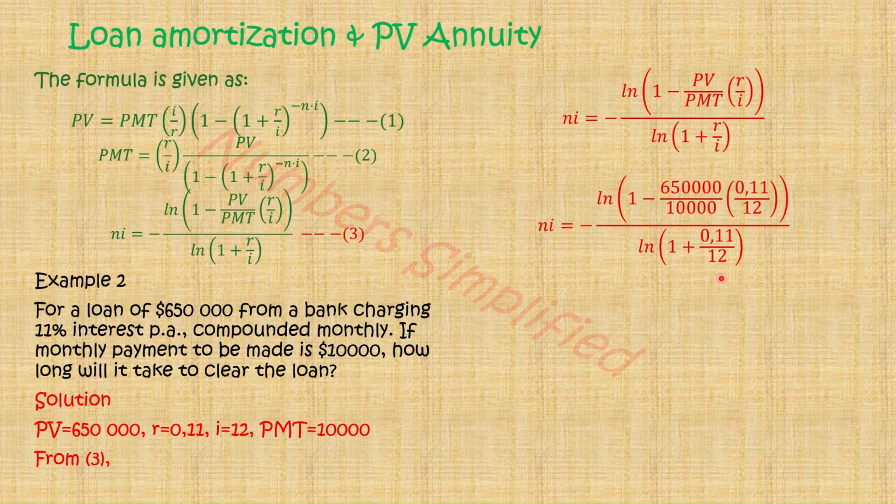With that, we see that we have substituted for each and every variable, and we have done so properly. The next thing would be to simplify whatever we have within the pair of brackets or parentheses so that we avoid making unnecessary mistakes. Considering the first fraction in the numerator, we've got 650,000 divided by 10,000.